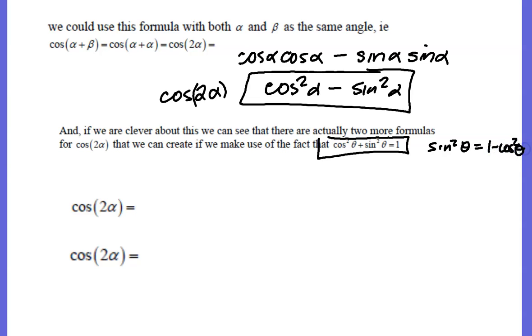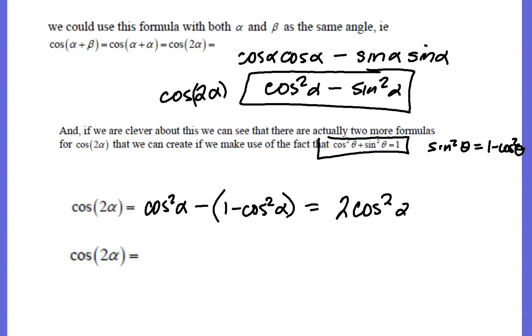We saw that the other day. This is literally me just manipulating. So if I plug in, notice I still need the minus. Instead of a sine squared, if I use 1 minus cos squared, with alpha, then I end up with cos squared minus 1, and then this becomes another plus, because you're going to distribute that. So I actually end up with 2 cos squared alpha minus 1.